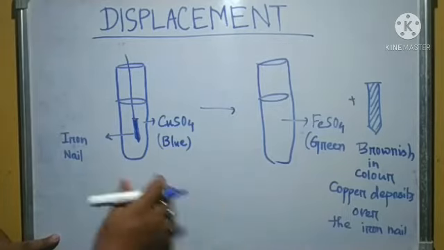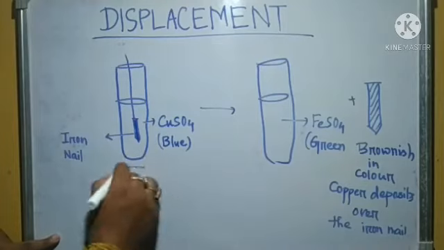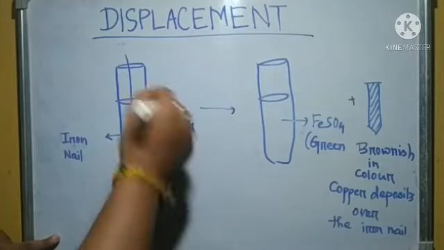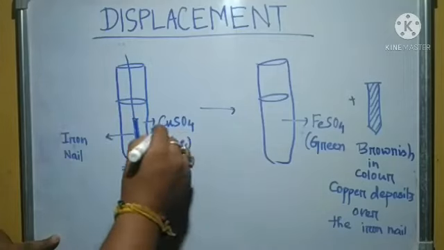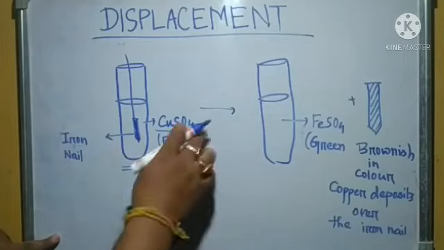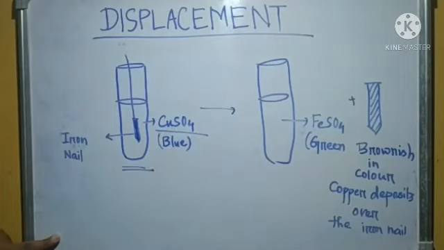We are taking a test tube, and in the test tube we have filled copper sulfate solution, CuSO4. How does copper sulfate solution look? It is blue in color. It is a very common compound, most commonly as copper sulfate pentahydrate, CuSO4.5H2O, and the color of these crystals is blue.